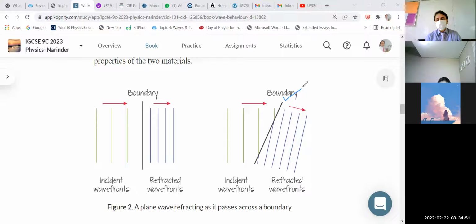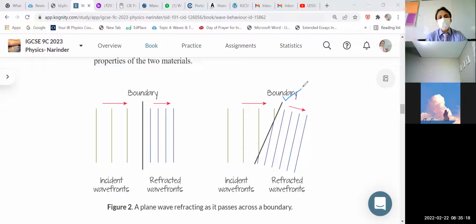Then you can say on the right hand side the refraction takes place and the wavefront width has decreased. The wavelength of the wave is reduced. It means on the right hand side the wave velocity is decreased. That's why the wavelength is decreased. And if the velocity on the right hand side is decreased, it means on the right hand side I have shallow water, and on the left hand side I have deep water.